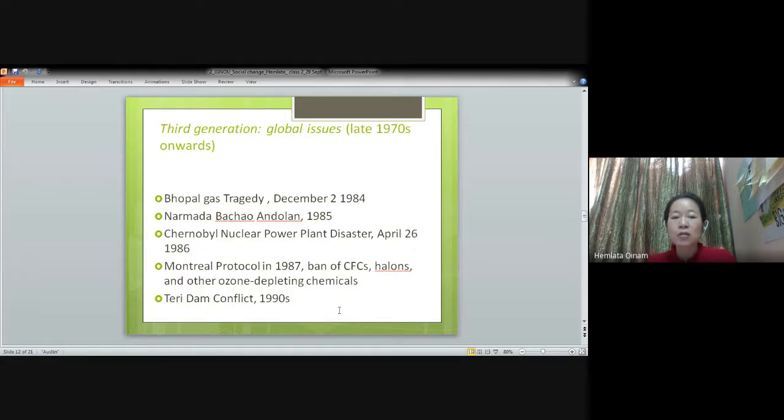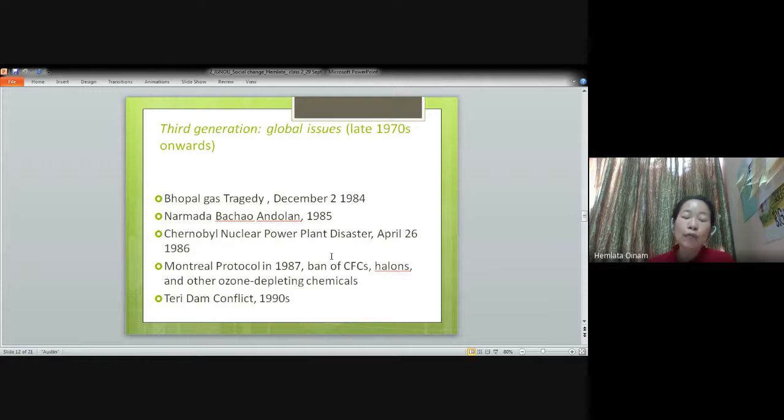So from this third generation itself, you can see, suppose if we take the example of the Chernobyl nuclear power plant disaster that happened in 1986 in Ukraine, where Ukraine was part of the USSR by that time, then how the whole incident of the nuclear power plant disaster and its side effects were kept as silent information from the government and administrative bodies.